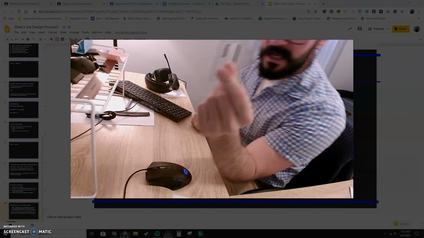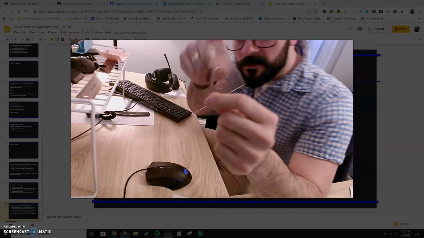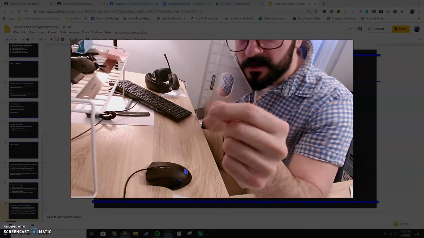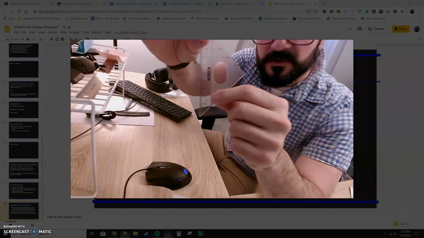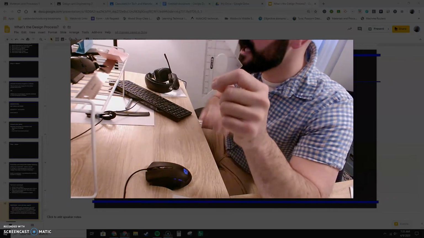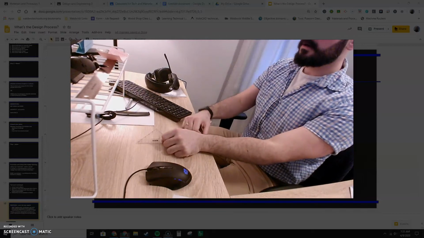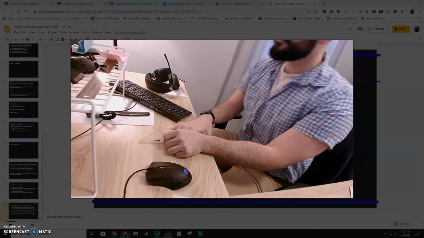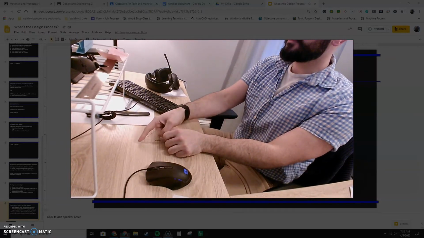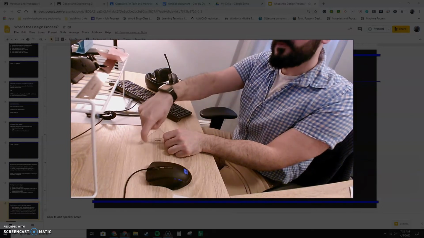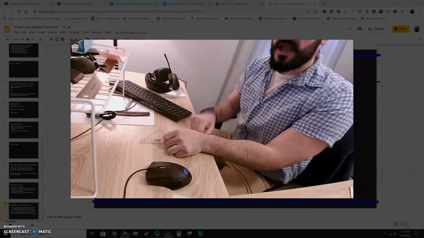So this is a 45, 45, 90 degree triangle. The angles are what give this triangle its name. So when I sit here, I can see straight down this angle. So I like the idea of a 45 degree viewing angle.